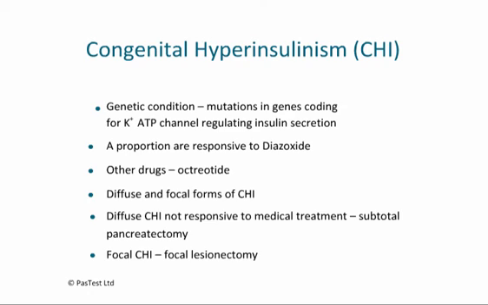By and large, there are two forms of HI, diffuse and focal. In those children with diffuse CHI which are not responsive to medical treatment, subtotal pancreatectomy may be necessary. In focal CHI, the treatment of choice is a focal lesionectomy.